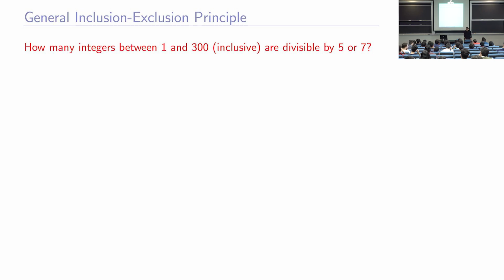How many integers are divisible by 7? Floor function of 300 divided by 7. Floor, okay. Nobody calls it ground. There is a round function, but it is the floor function. So why floor?